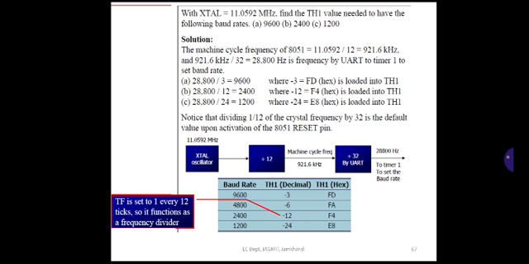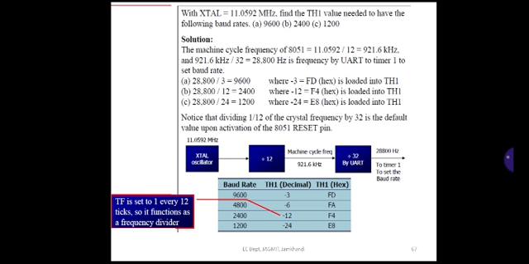Solution: the machine cycle frequency of 8051 is 11.0592 megahertz divided by 12, which gives 921.6 kilohertz. Again this 921.6 kilohertz is divided by 32, so you get 28,800 hertz. This is the frequency used by the UART and timer 1 to set the baud rate.